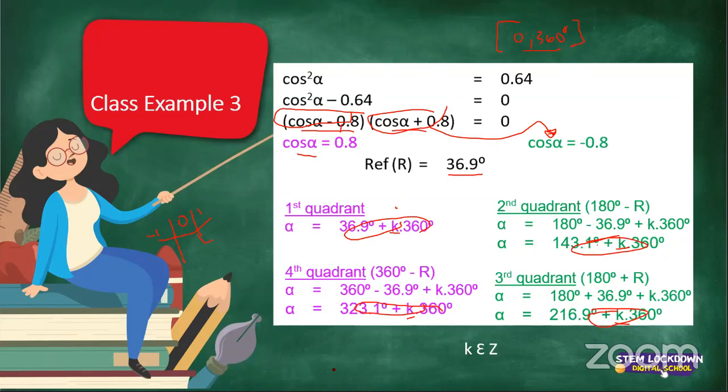You would come out as saying alpha is equal to 36.9 degrees, alpha is equal to 143.1 degrees, alpha is equal to 216.9 degrees, and you'll also come at alpha is equal to 323.1 degrees. This is just me looking at it from an eye view if you substitute 0.